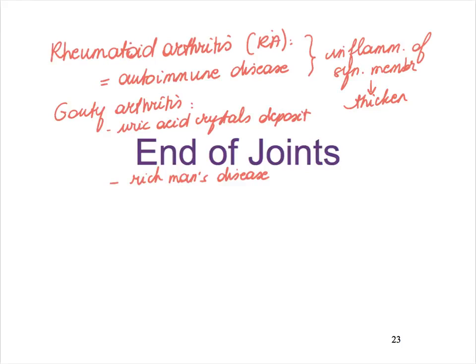Drinking too much alcohol and various other things can trigger it as well. So it can be somewhat diet controlled, but it's also, again, a form of arthritis that's not extremely well understood.